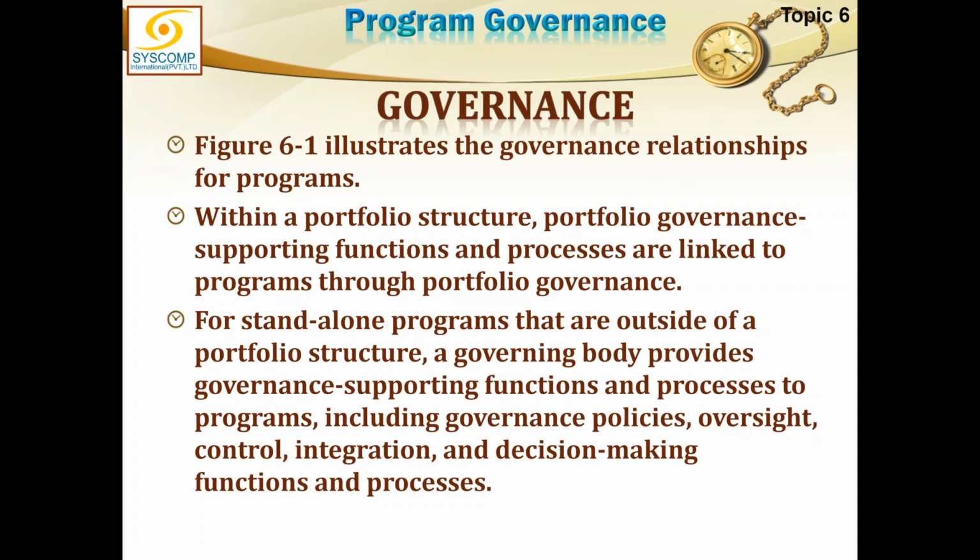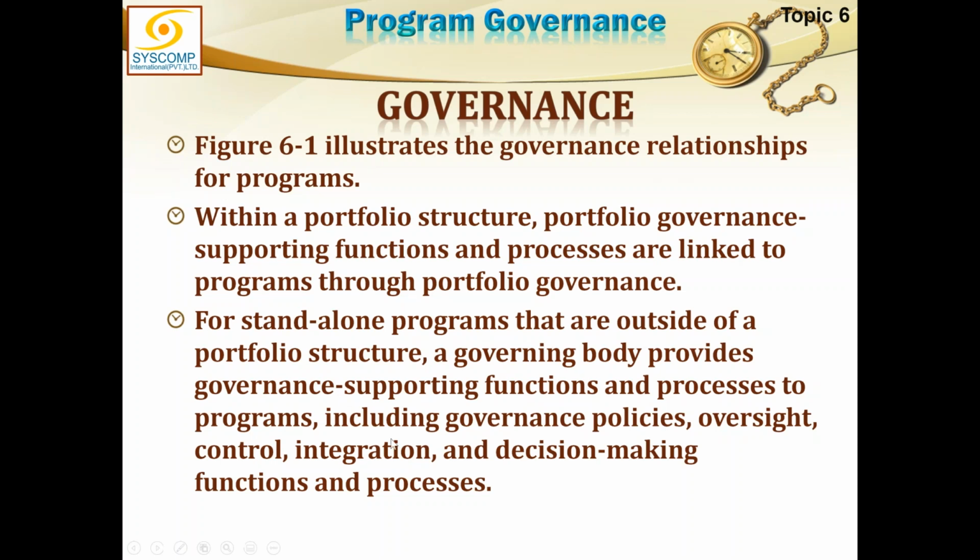Oversight is how the KPIs will be set and how they will be monitored. Control is physically monitoring that. Then integrating all the results of all the components, and ultimately the decision-making function. That is the escalated issues which go up to the level of the governance board, or the decisions which are inherently held by the governance board, like the go/no-go decision from one phase to the other phase of the program.